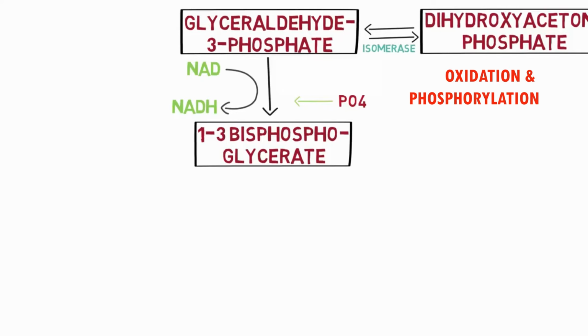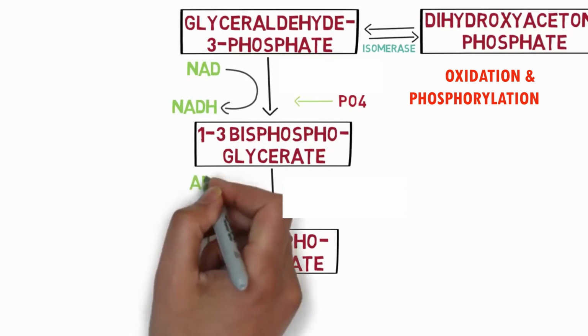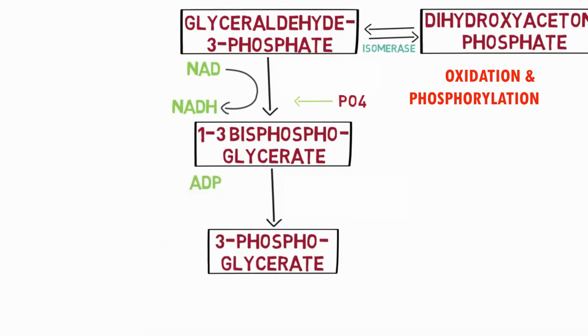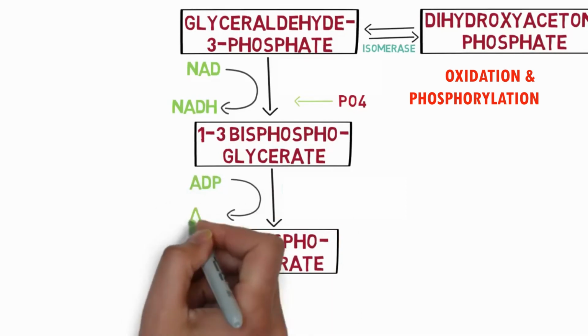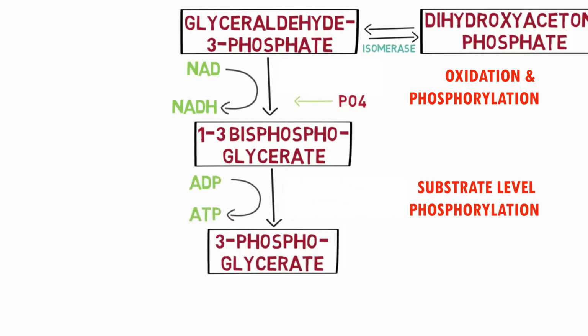After that, the 1,3-bisphosphoglycerate is converted to 3-phosphoglycerate. A phosphate group will be transferred from each 1,3-bisphosphoglycerate to ADP to generate ATP. This production of ATP happens through substrate-level phosphorylation.